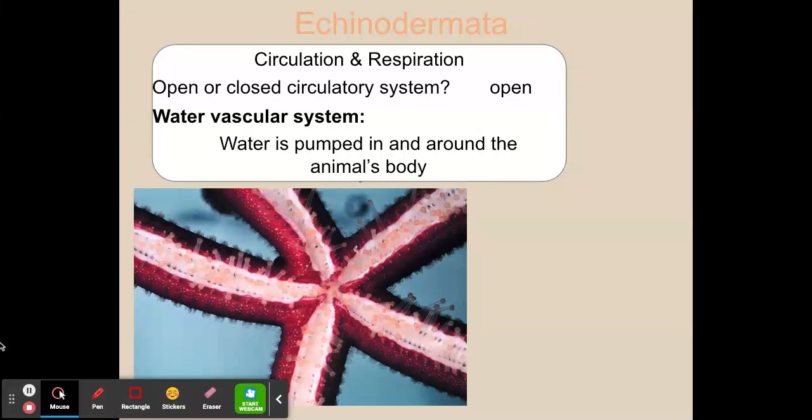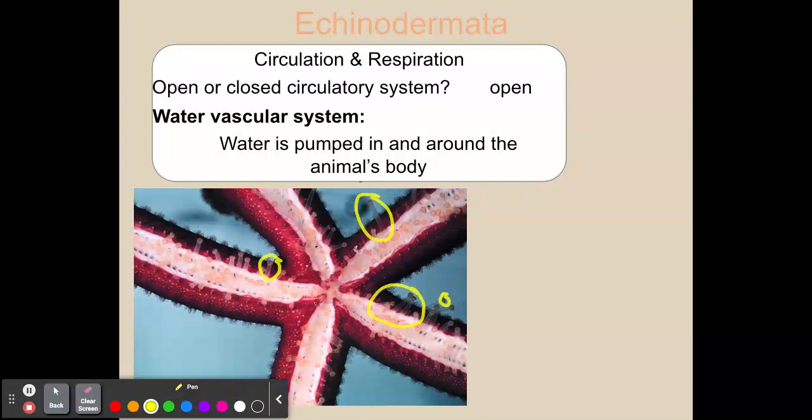Now, the other thing, aside from it helping oxygenate the organism, it also helps control these tube feet. So, this is the oral side, or the side that we don't see very much when we look at sea stars from above. But you can see their little suction cup feet, and this is how they're going to be able to move.